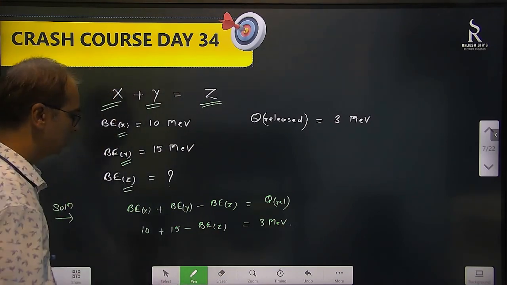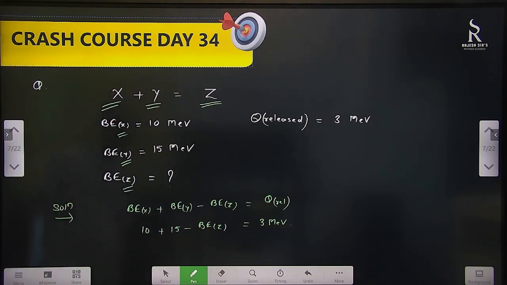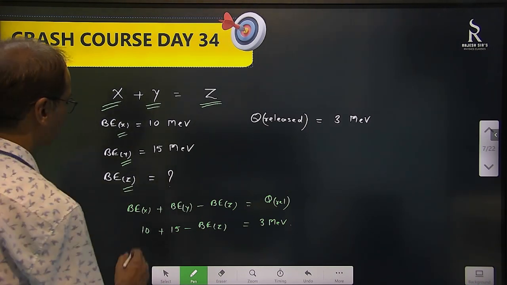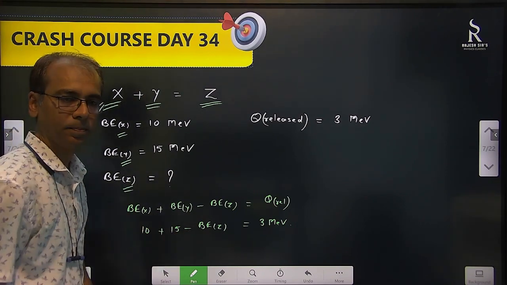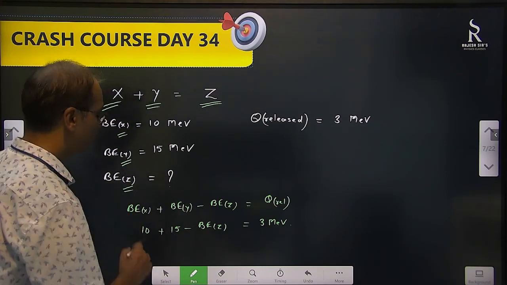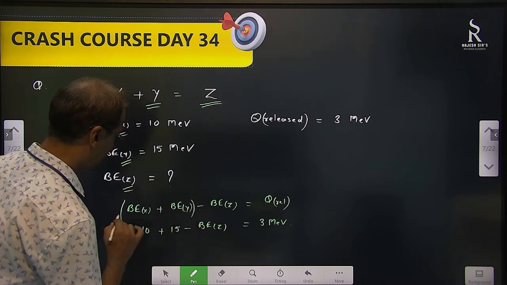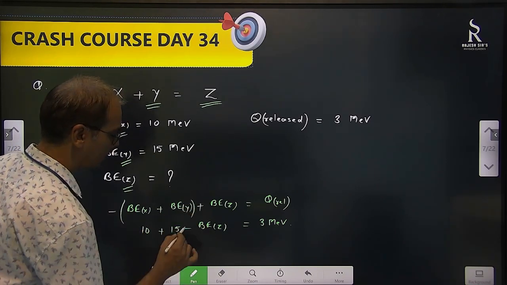Okay, correct only. But I told you that binding energy of Z is more than binding energy of the two others. Correct or not? So what to do? I have written wrong there, because I have written this minus this subtraction. So what it should be? It should be this minus and this plus.